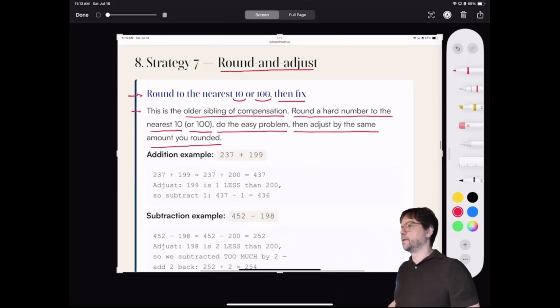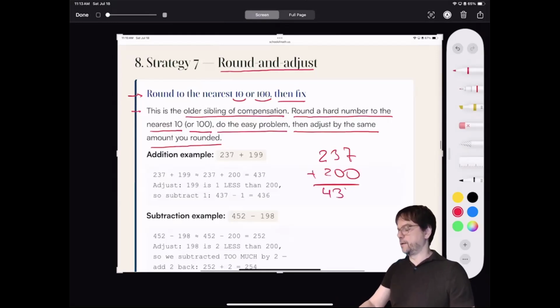You added 1, so to have the final answer, what are you going to do? Subtract 1.